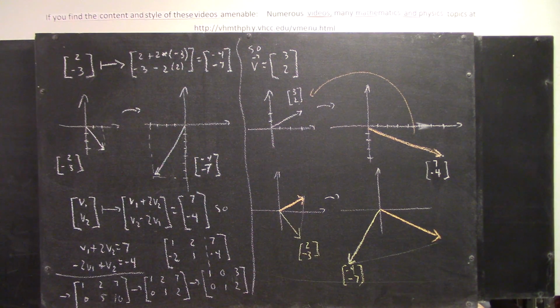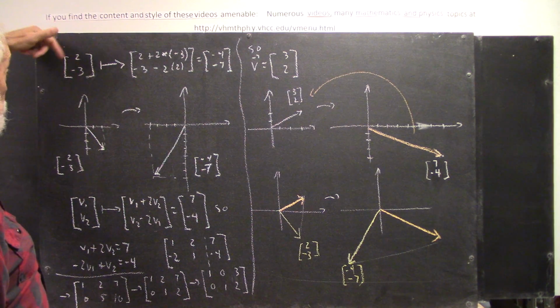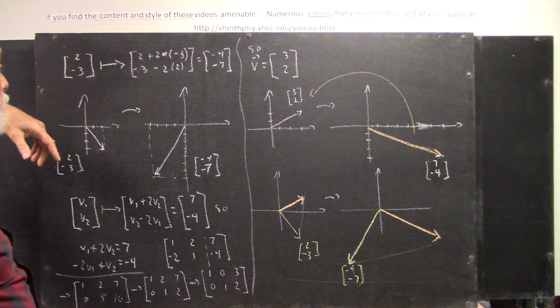Okay, we are given a rule for a linear transformation, and the rule simply says that this linear transformation acts on a vector with two components, a column vector in this case.